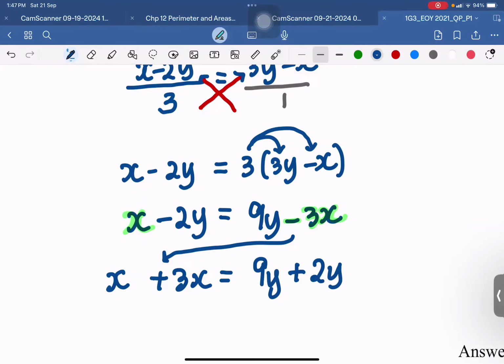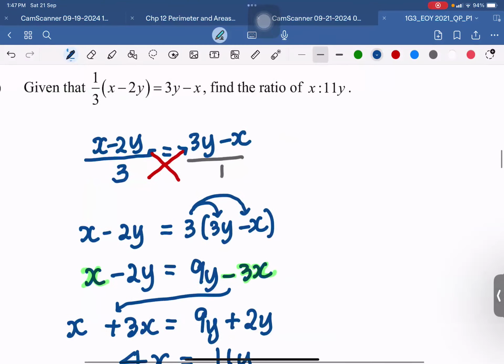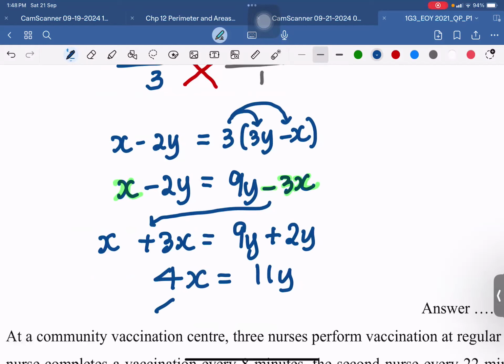All right. Then once we have this, we simplify x plus this. This is 4x equal to 9 plus 2, 11y. Okay. Now they want the ratio x is to 11y. It looks a little bit complicated, but never mind. Let's find out the number of units for x and the number of units for y.